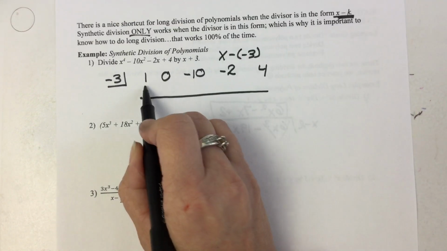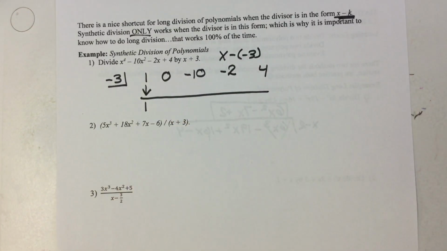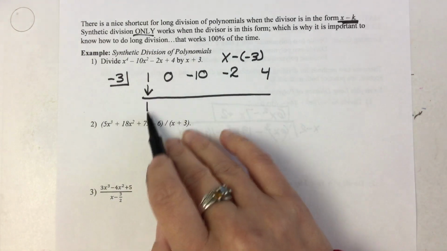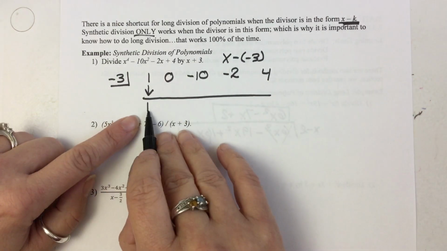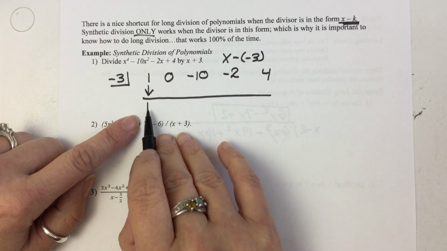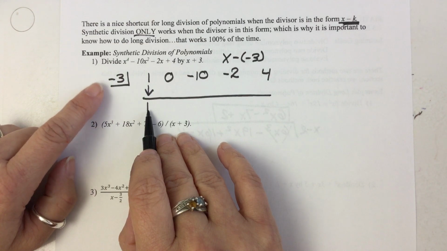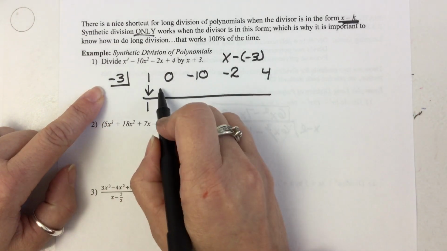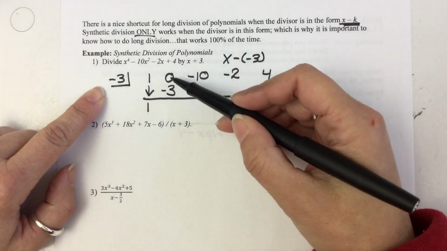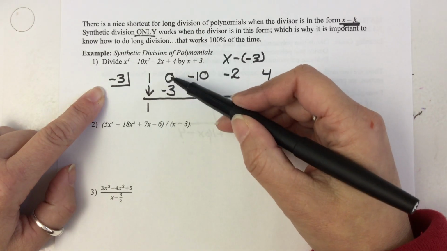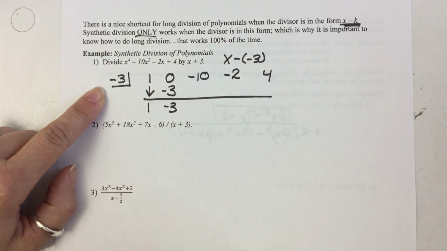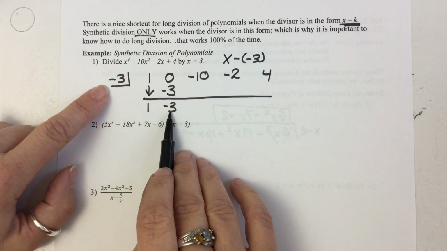For synthetic division, you always carry down the first term. Whatever this value is, it carries down. So in our case, it's a 1. Now you take the number on the bottom and you multiply it by the number in the box. 1 times negative 3 is negative 3. Now you add these. 0 plus negative 3 is negative 3. Now we multiply.